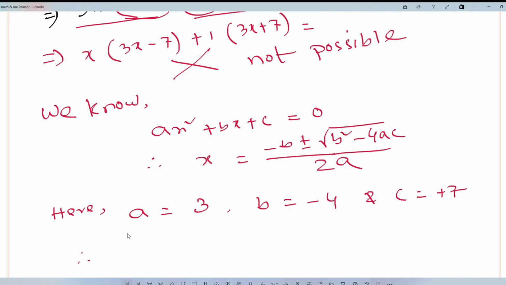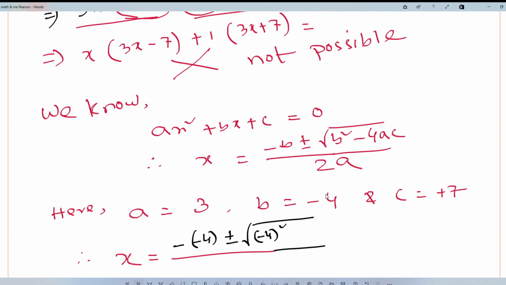So if we put these values in this formula, we will get x equals to, here is minus b, minus b means minus minus 4. Okay, and then plus minus root over b square, b square means minus 4 square, and here is minus 4 into a means 3, and c means 7, divided by 2 into a means 3.